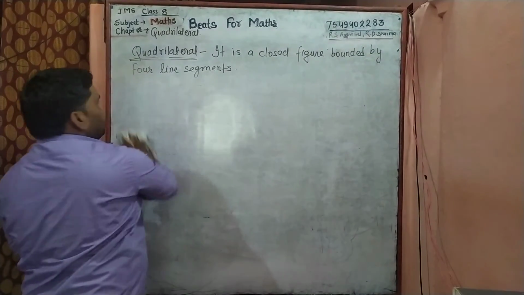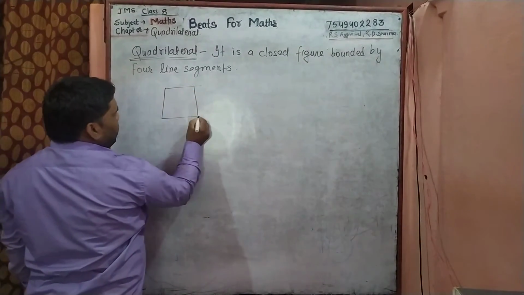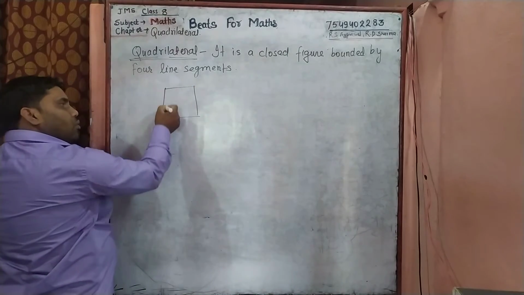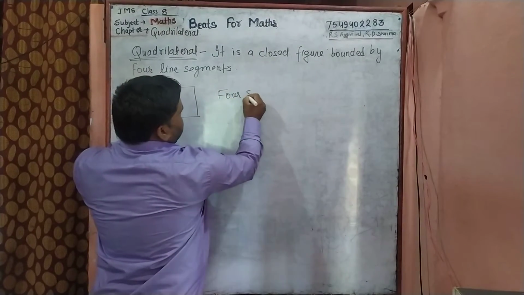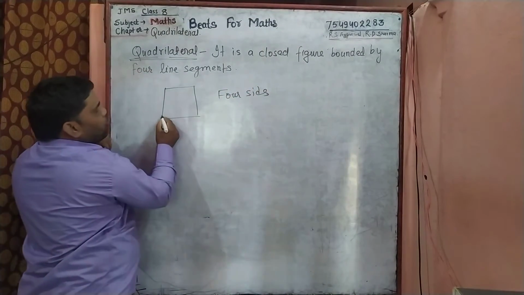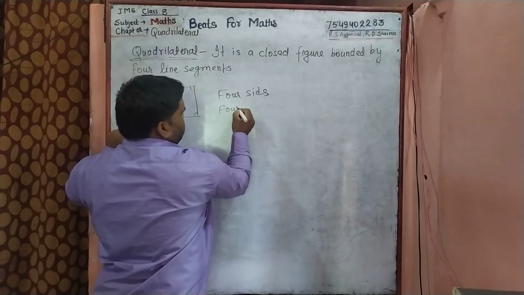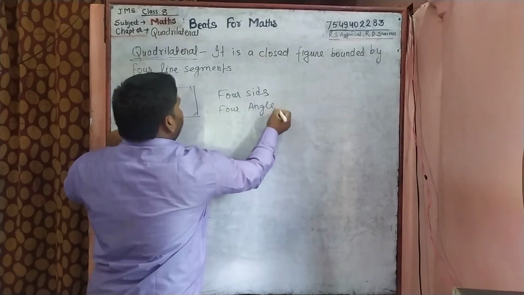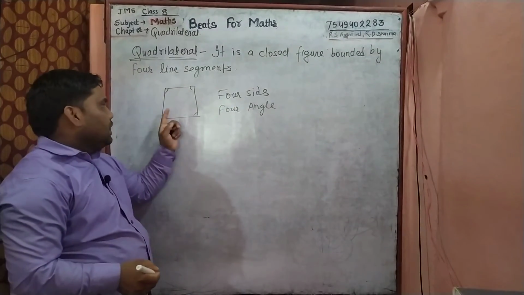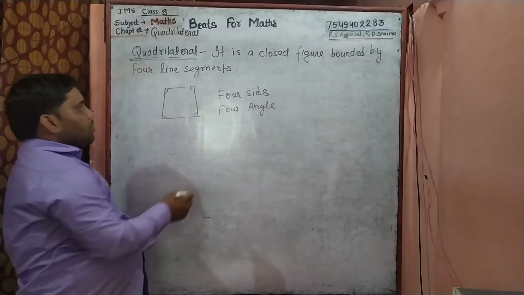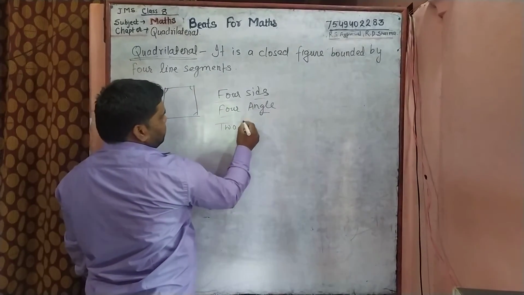Now we will understand what are the parts of a quadrilateral. How many parts does a quadrilateral have? See, 1, 2, 3, 4. It has four sides, four angles. So a quadrilateral is made up of four sides and it has ten parts: four sides, four angles and two diagonals.